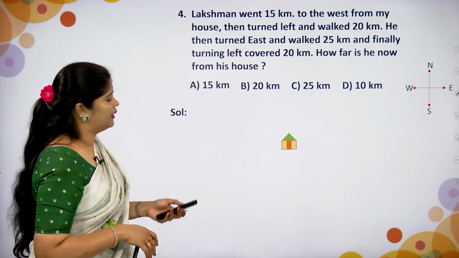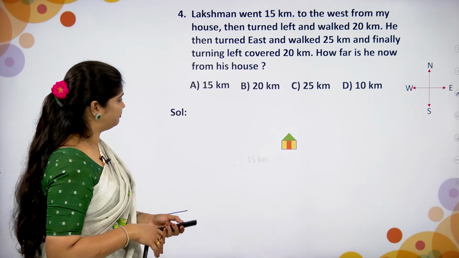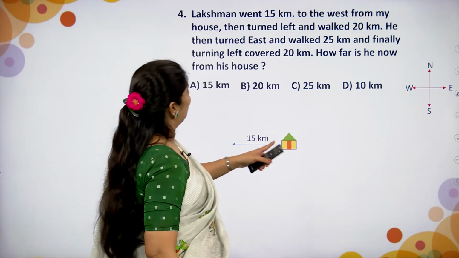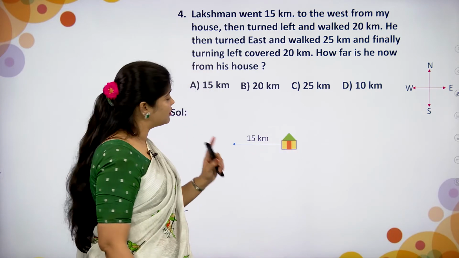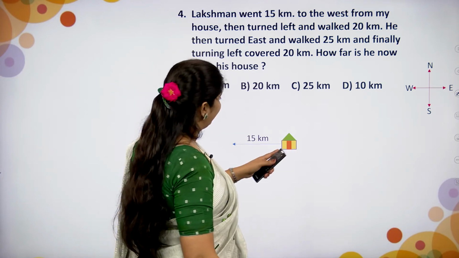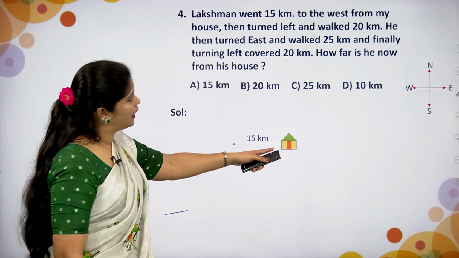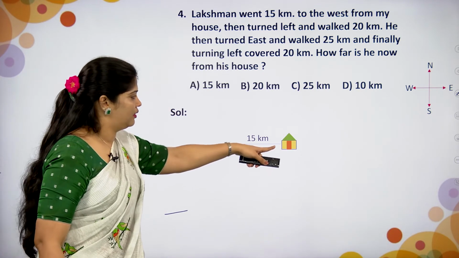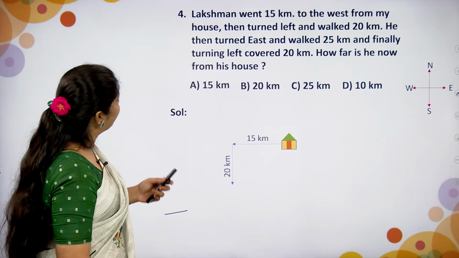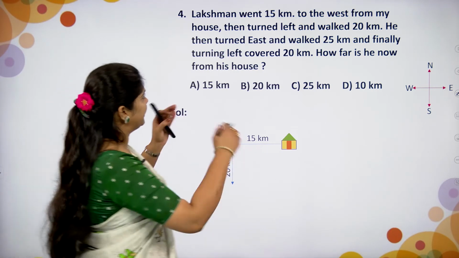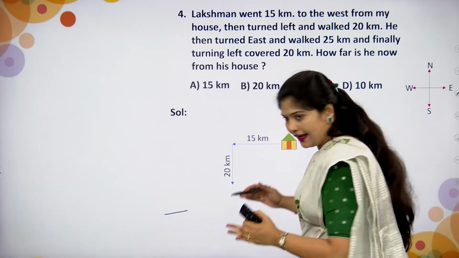Okay, children, let's draw the chart. Now, this is my house and Lakshman went 15 kilometers in the west direction, and then he walked in the left direction from here.